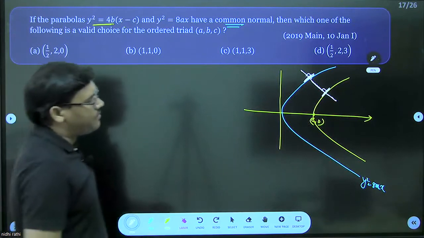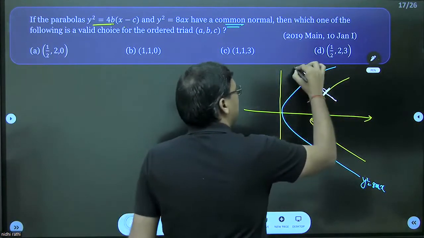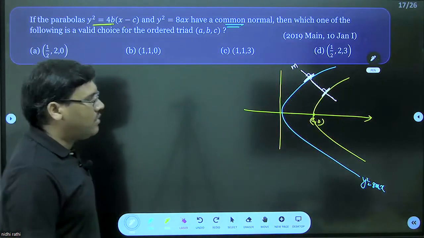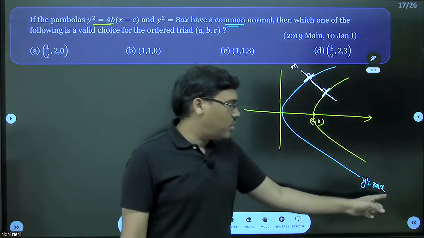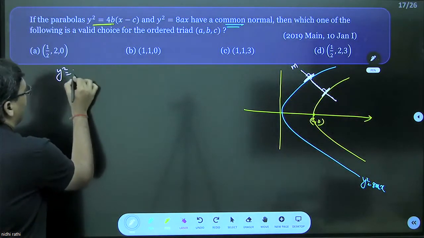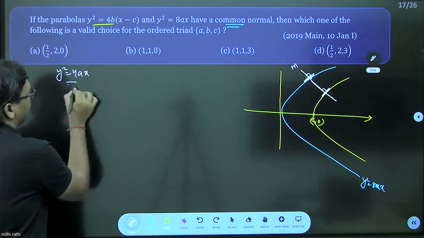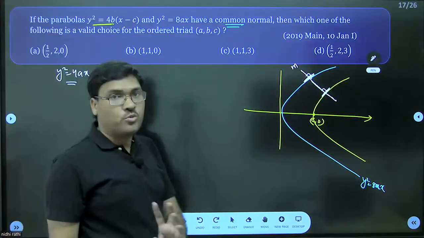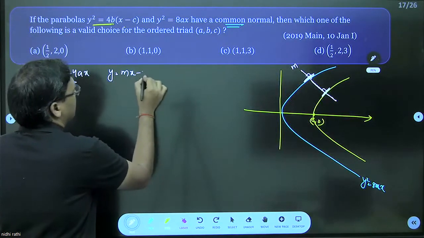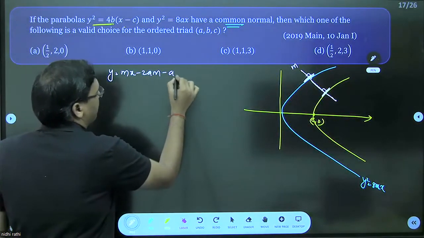Now, understand this. Let's assume the slope of this normal is m. Now, we know the equation of normal on the parabola y square equal to 4ax. If you have the parabola y square equal to 4ax, what is the equation of normal whose slope is m? This is y is equal to mx minus 2am minus am cube.